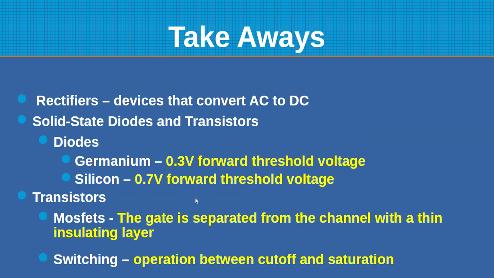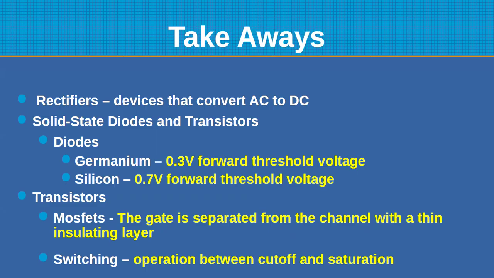In the transistors, remember that a MOSFET stands for metallic oxide semiconductor field effect transistor. The gate, or the control element, is separated from the channel that has the source and drain by some sort of metallic oxide insulator. When we use the transistor as a switch, we operate it at either its cutoff or its saturation.